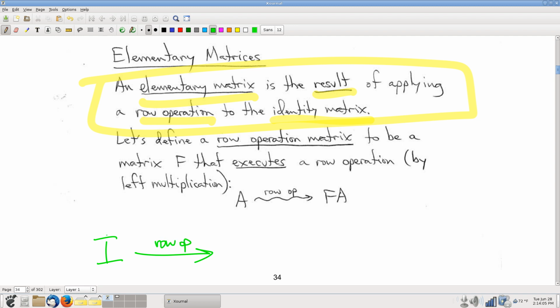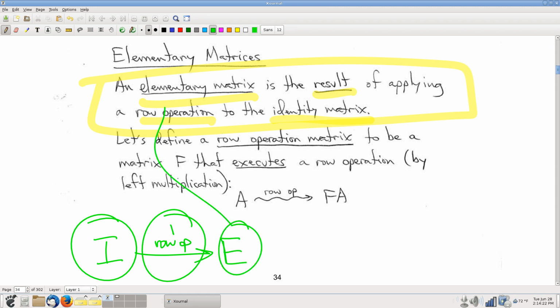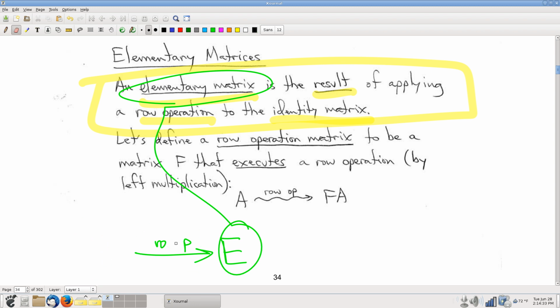The result of this, now critically, starting with the identity matrix only, doing a single row operation only, not a single step in which you do multiple operations, just a single strictly defined row operation. The result of that is called an elementary matrix. Okay, and it turns out that these elementary matrices are really powerful. We'll see that develop over the next little while.